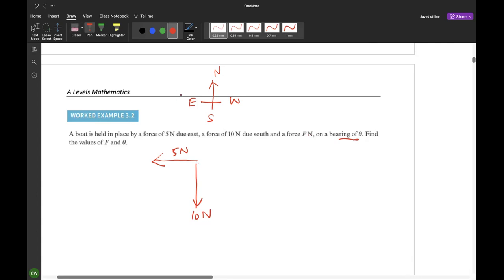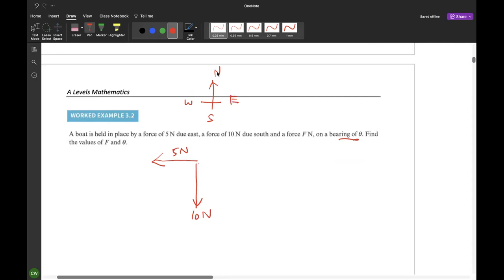Okay, this is upside down. West is here, east is here. Correct.